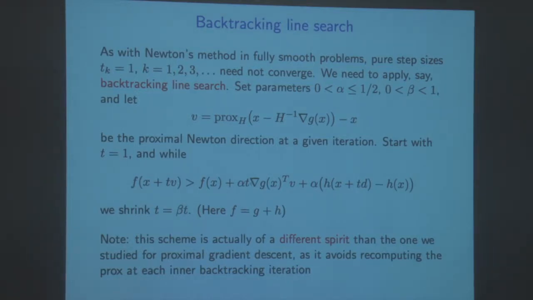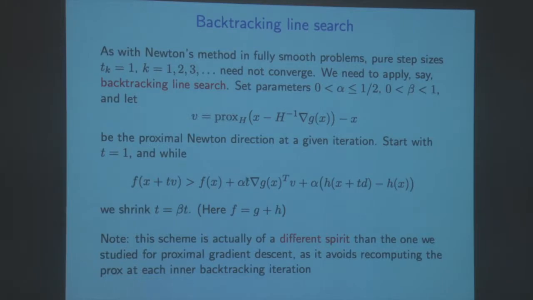So alpha is just some constant here, like 0.5. Measured with respect to the smooth part. And if all we had was a smooth part, then you see this is the exact backtracking rule for Newton, these first two terms. This is Newton's backtracking rule.